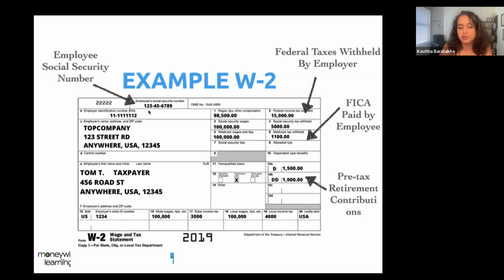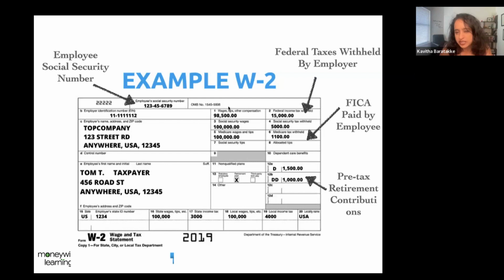My company number will be different from my social security number. All of you have social security numbers as individuals, but companies get something called EINs or employer ID numbers. So the employer's name and address, and the employee's name and address, your name and address if you're an employee.